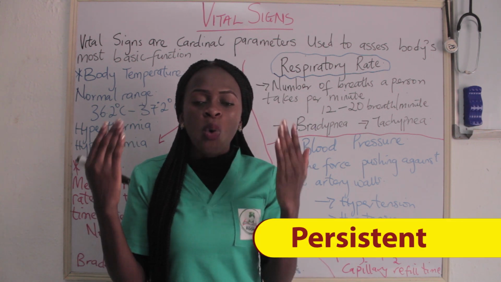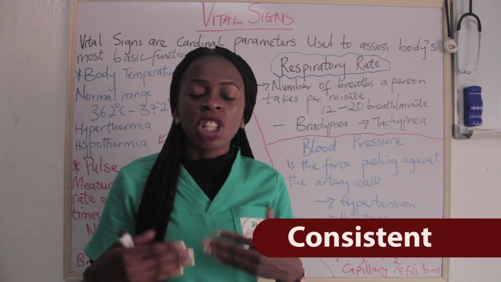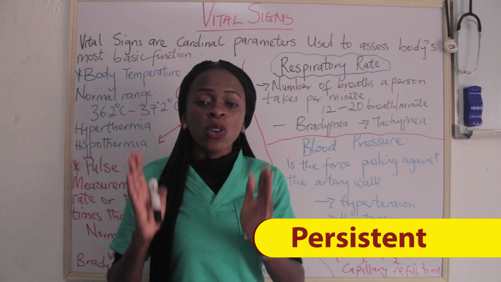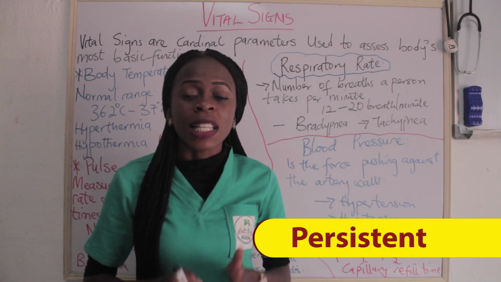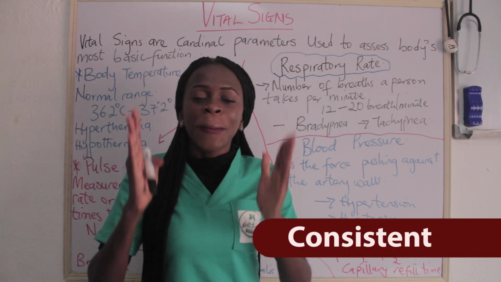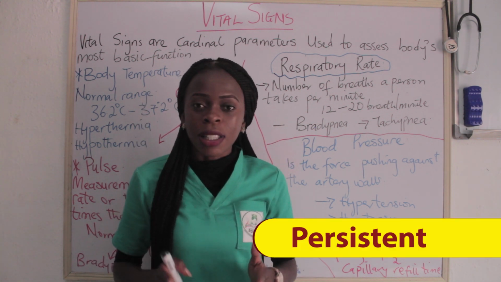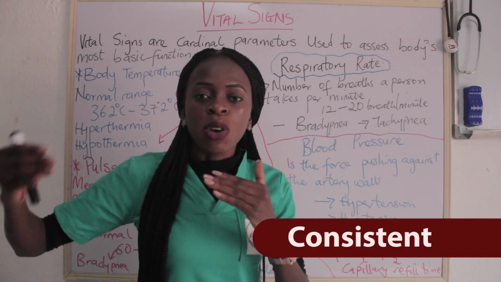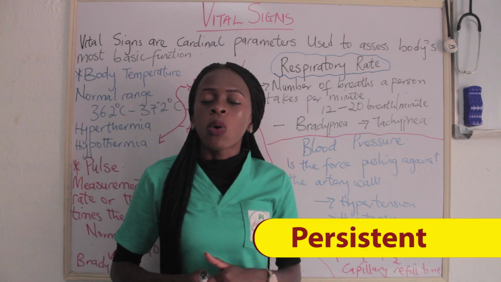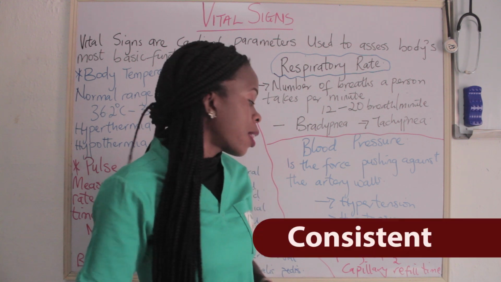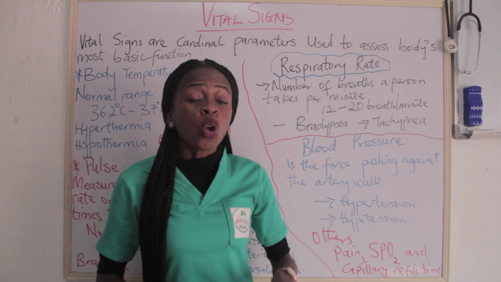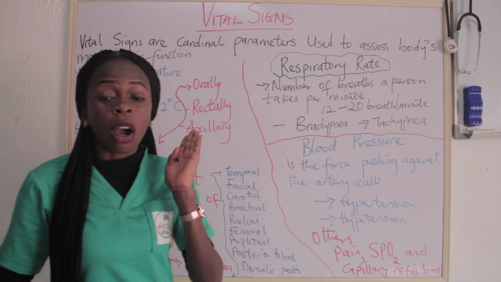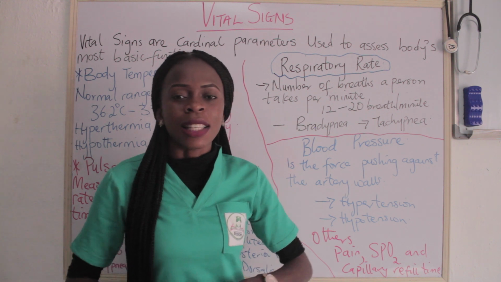A patient doesn't just walk into the hospital setting and you check the vital signs once and you jump into conclusion that this patient is hypertensive. It has to be persistent, it has to be consistent. That's this over 140-90 milligram mercury before you say, oh, my patient is what? Hypertensive. So those are the 4 major components of the vital signs.